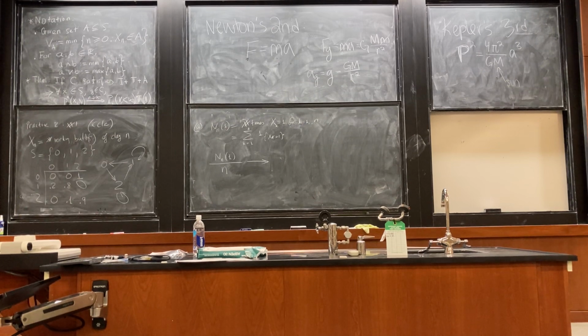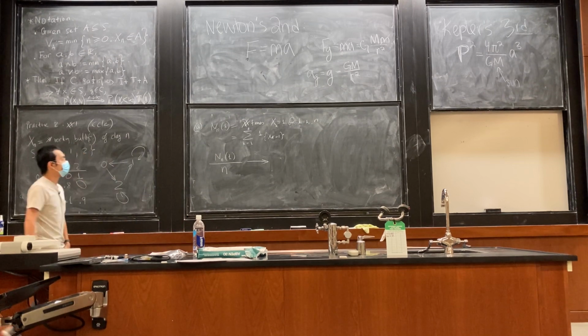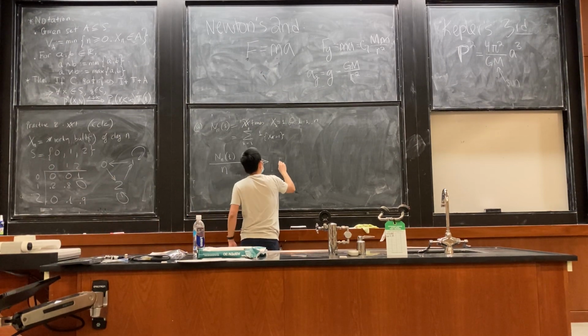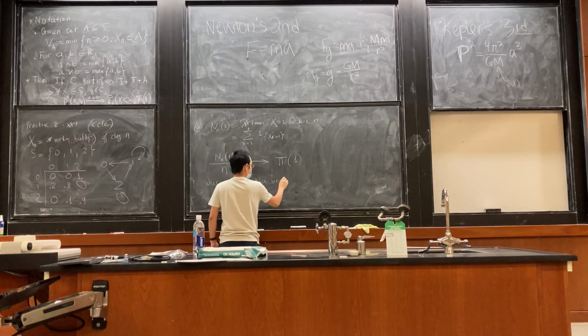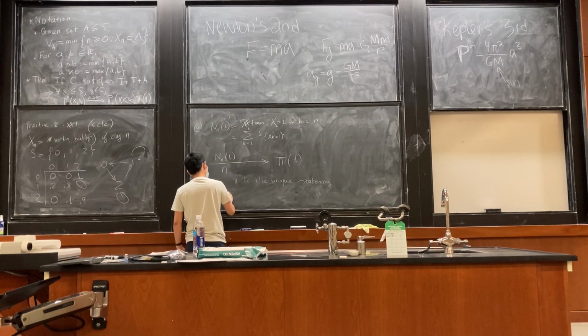In the long run, the fraction of time only one bulb is working is basically asking for the limiting behavior of this ratio. And the answer will be pi 1, where pi is the unique stationary distribution.